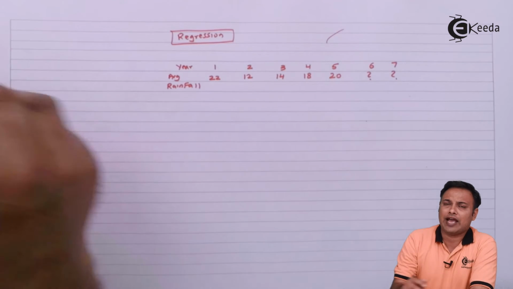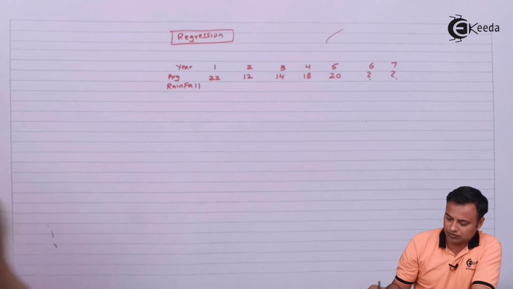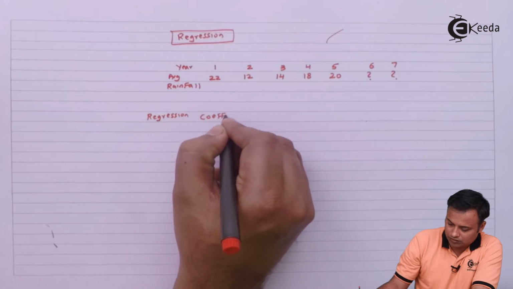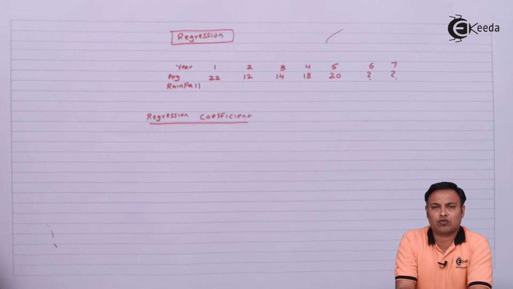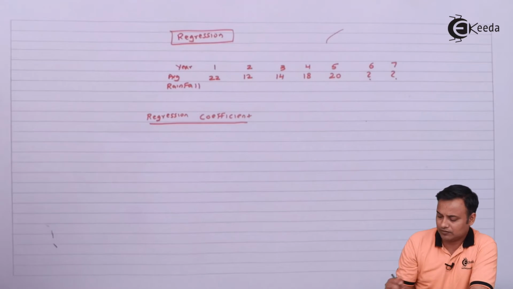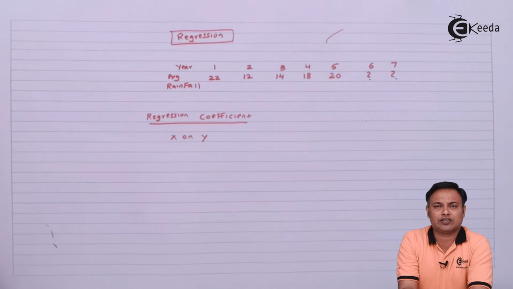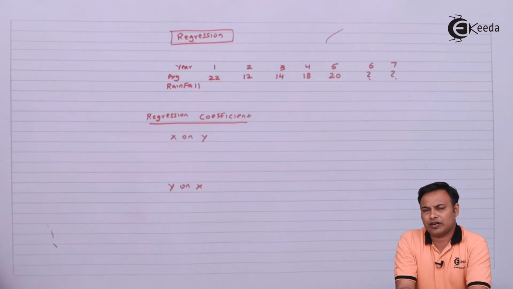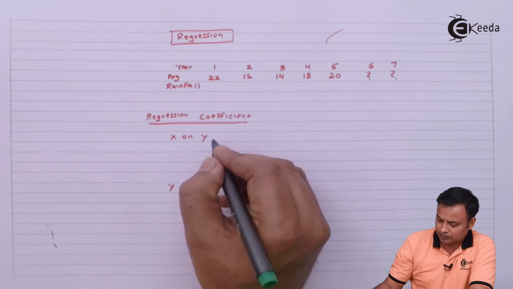Under regression, we have two coefficients called the regression coefficients. One is called the regression coefficient x on y, and the other one is called regression coefficient y on x. Now to find out regression coefficients and what they indicate, let's see.